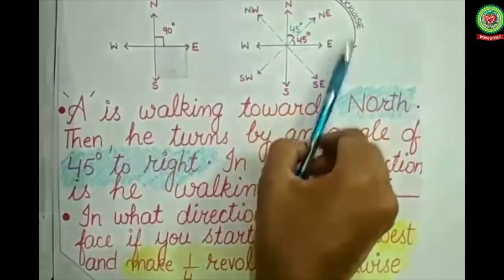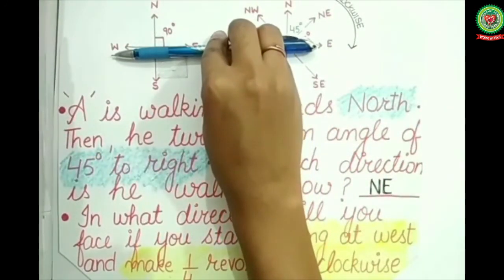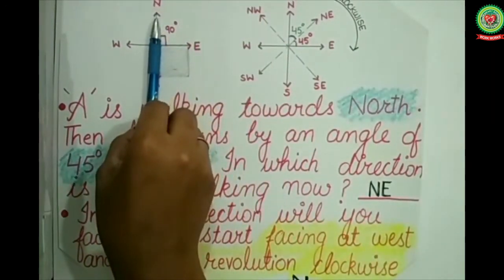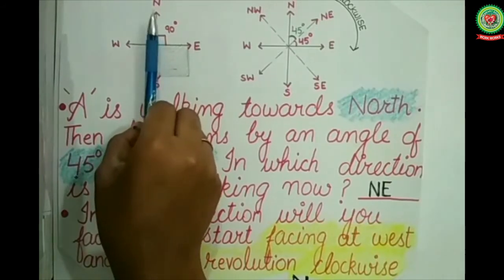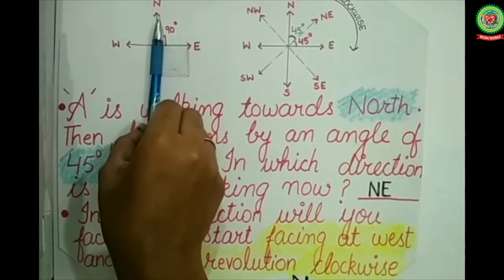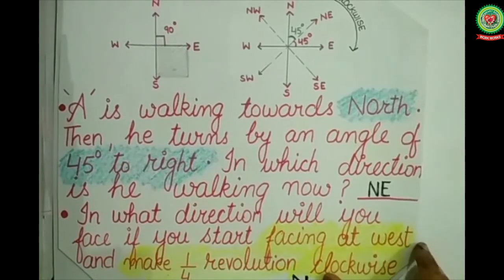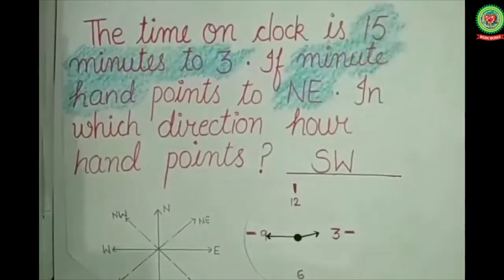So this motion is clockwise, that is you have to move in the rightward direction. So makes 1/4 of the revolution in the rightwards direction. Then now you are facing in the north direction. So answer is north. Let us see some more examples.